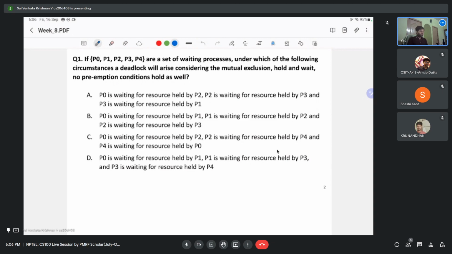So you're given 5 processes, all in waiting state, and in which of these options, assuming that already 3 of the 4 conditions are holding, will a deadlock arise? Any guesses which option is correct?